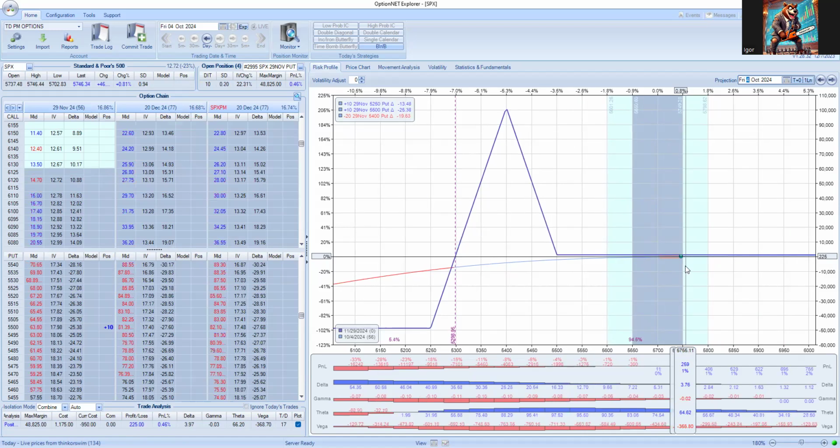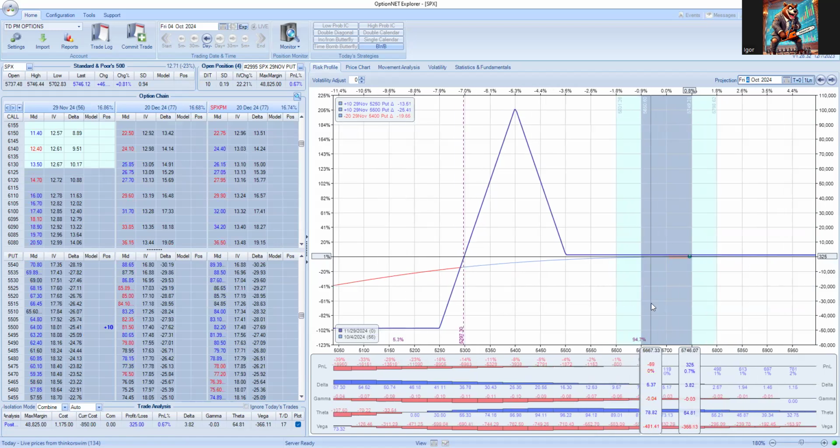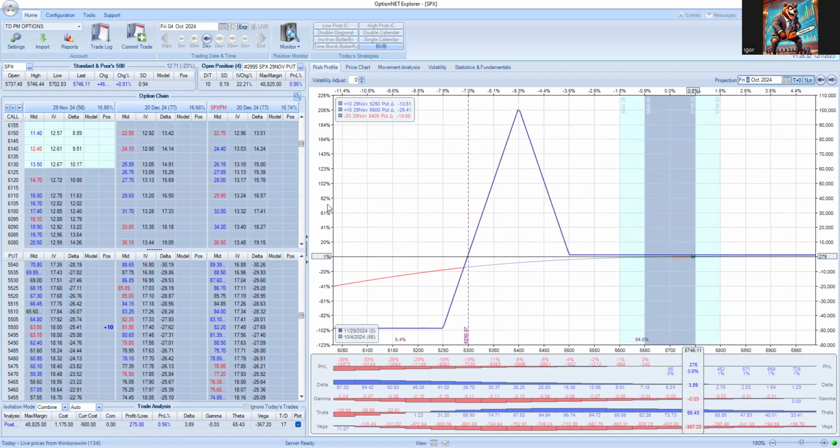But if you want to be a little bit more hands-on and you understand how to move some of these strikes around to improve and advance this position, these trades are pretty high probability trades.